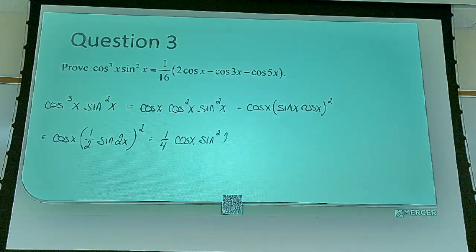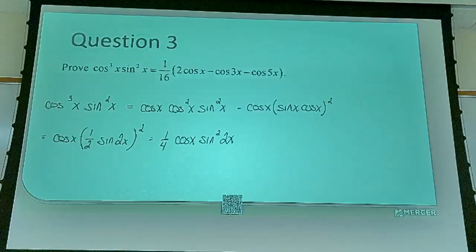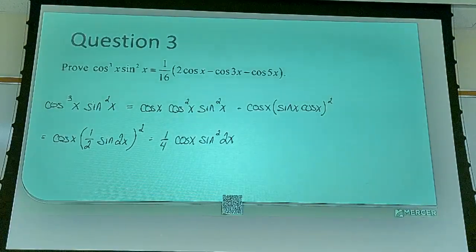Distribute that square factor. We have a quarter cosine x sine squared of 2x. Use the reduction identity.